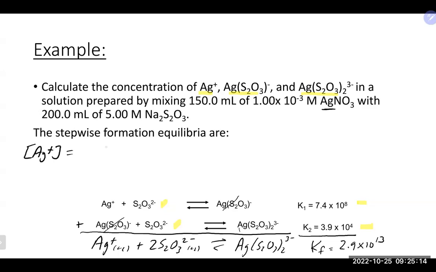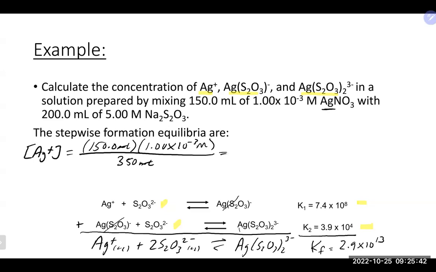which means when we put them together, the silver concentration will result from taking basically 150 milliliters of the silver nitrate times the concentration of the silver nitrate divided by our total volume in this case, which is 150 milliliters plus 200 milliliters. Well, that would be 350 milliliters would be our total volume. Milliliters will cancel.